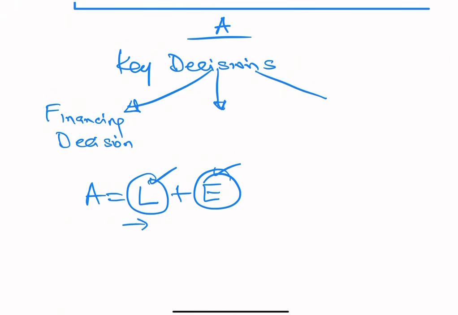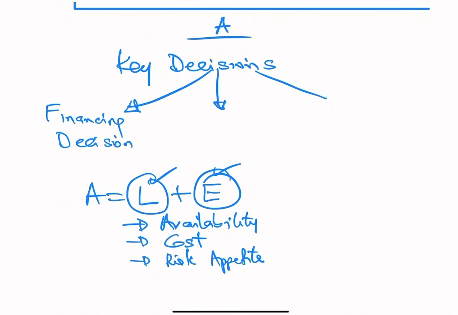And you know your decision will be subject to availability of all of these sources, and most importantly, cost. Likewise, risk appetite will be very, very important. I know we've done this in details in source of capital video. Okay, that is the financing decision.